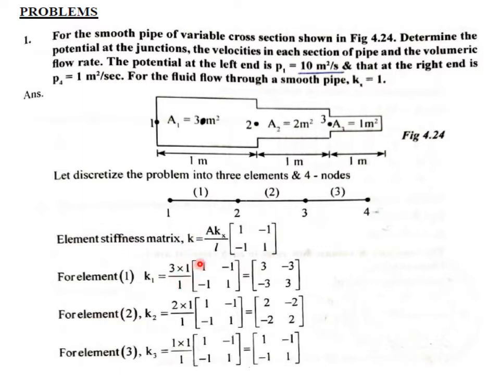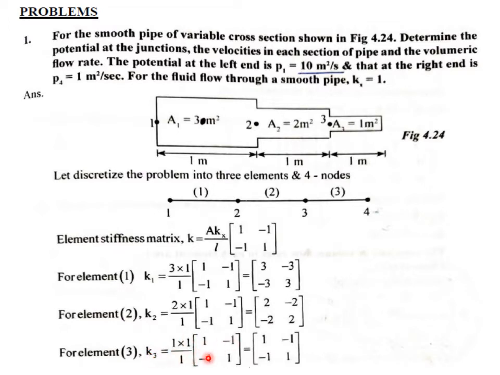So for element 1, K1 is equal to area 3 meter square into Kx 1, Kx is the same for all the 3 sections, so 3 into 1 divided by 1, [1 minus 1; minus 1 1]. It gives [3 minus 3; minus 3 3]. For element 2, the area is 2, Kx is 1 and the length of the element is 1 meter. 2 into 1 by 1, [1 minus 1; minus 1 1], it is [2 minus 2; minus 2 2].